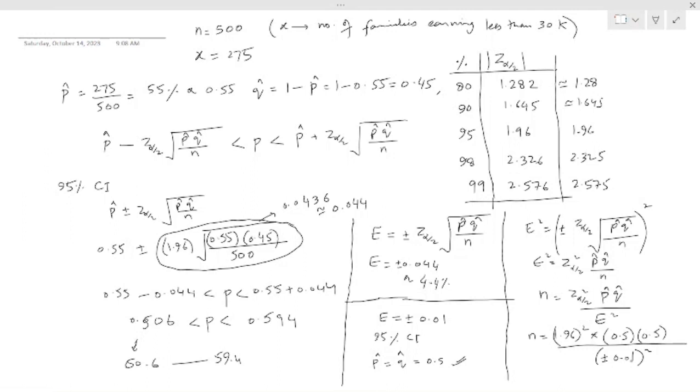Now we are going to determine the sample size. The answer is 1.96 squared to be multiplied by 0.5 and then again 0.5, then we divide this by 0.01 squared. So this is how we get our answer.